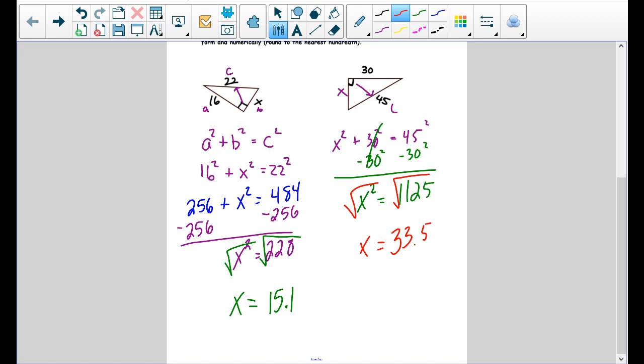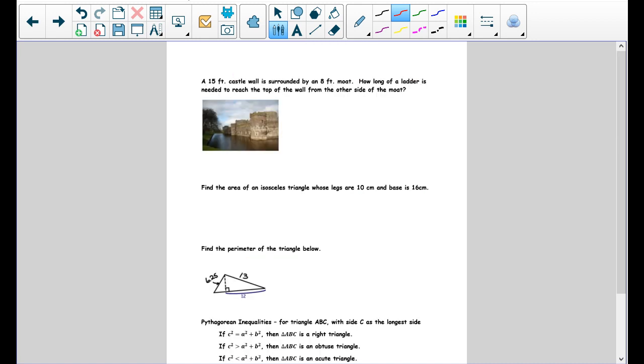So on the back, we have a whole application here. We have a 15-foot castle wall, so this wall height here is 15 feet, surrounded by an 8-foot moat. So our moat comes out here 8 feet, and they want to know how big of a ladder you need to get to the top from the other side of the moat.